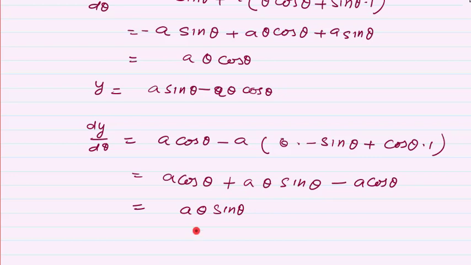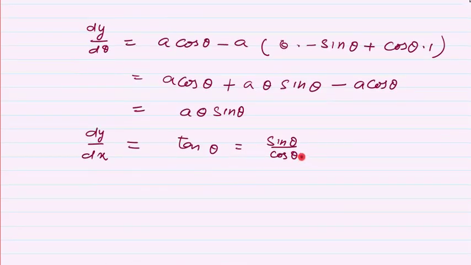Now you know very well how to calculate dy upon dx. So dy upon dx is clearly tan theta, because a theta sin theta divided by a theta cos theta, only tan theta is left, or we can write it as sin theta upon cos theta. Let us see in which form it is easy for us to calculate the equation of the normal.